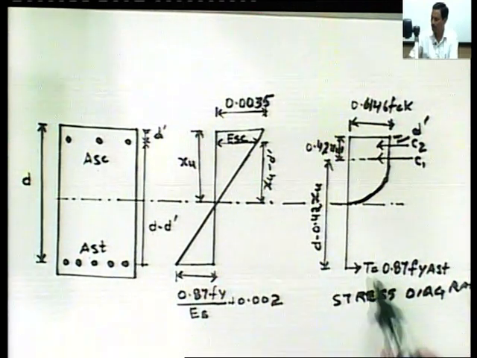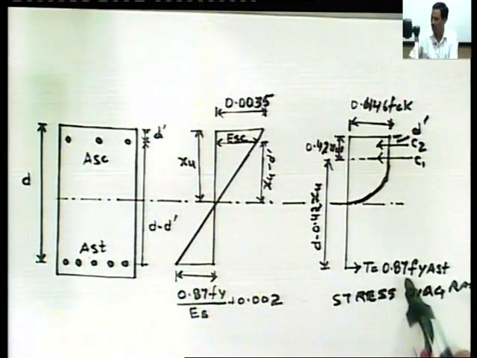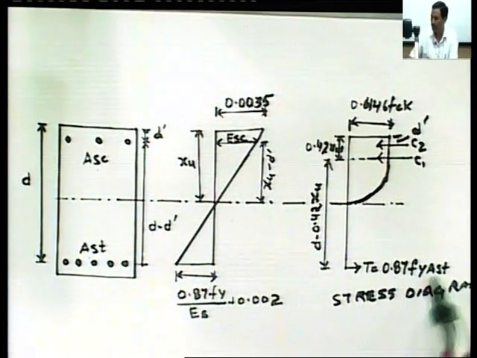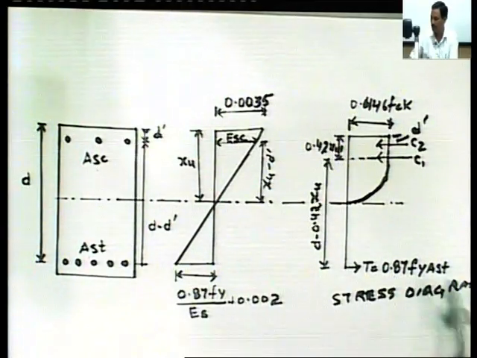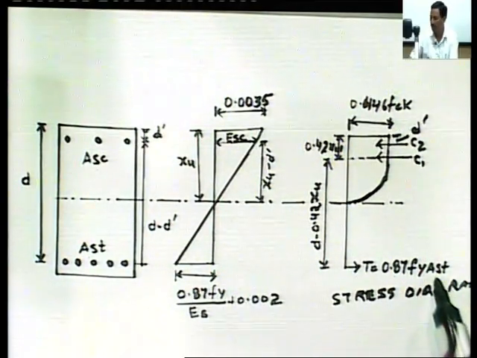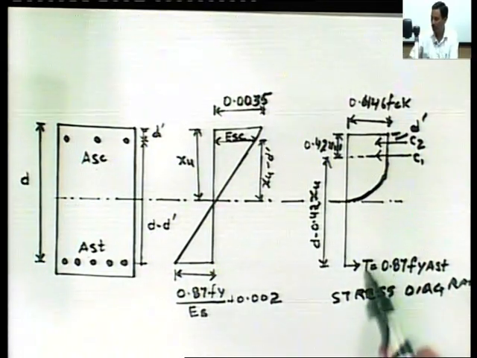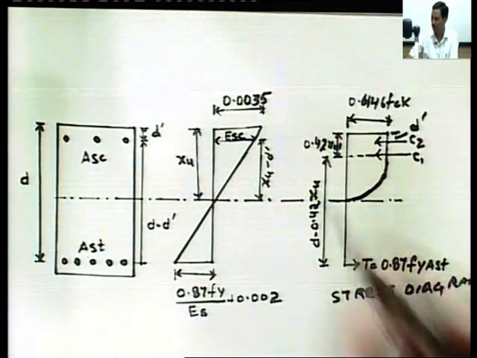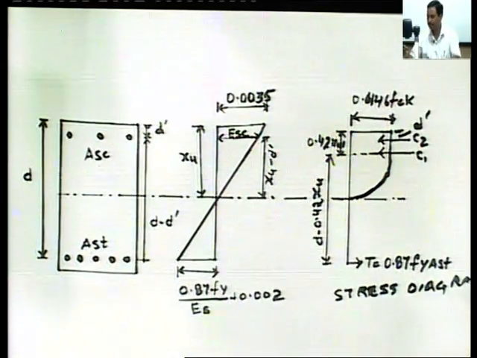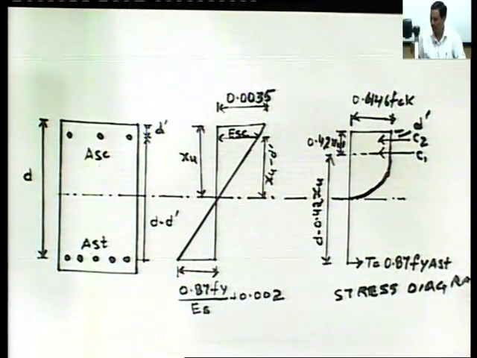T is the total tensile force, and this is equal to 0.87 fy Ast, where fy is the characteristic tensile strength of steel and Ast is the area of tensile reinforcement. The lever arm for C1 is d minus 0.42 xu, and C2 acts at distance d dash from the top edge.